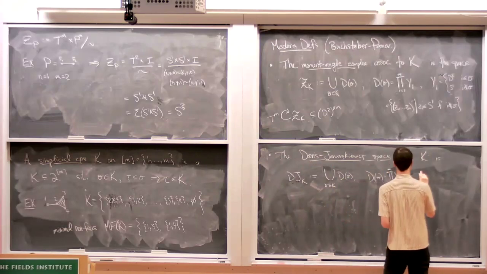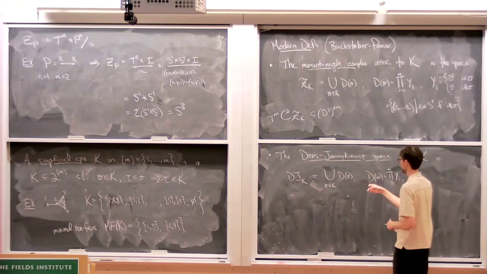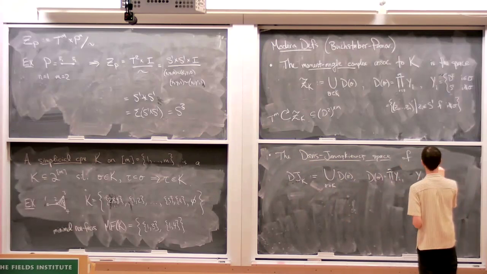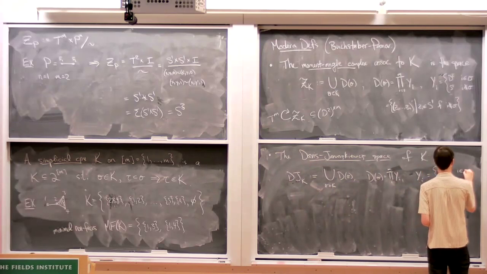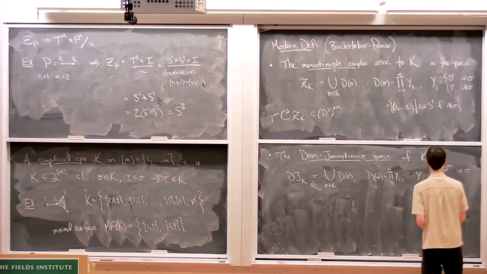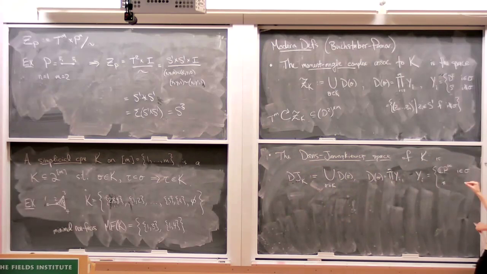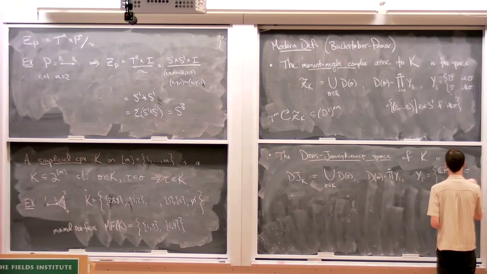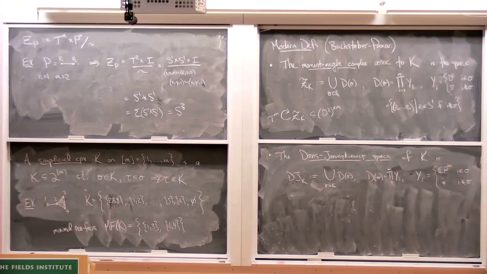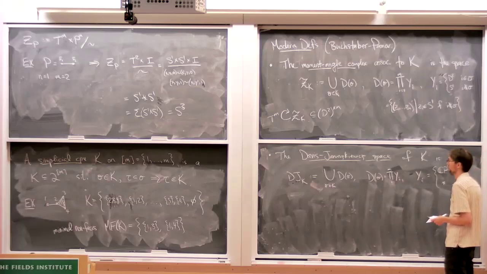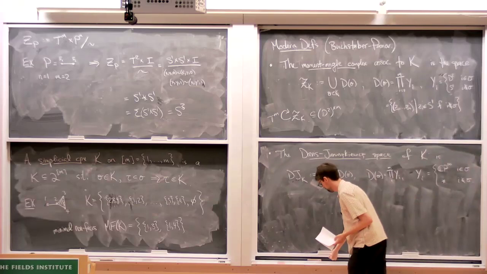But now each Yi, each factor of these M-fold products, is going to be a copy of CP infinity when i is in sigma, or just a point, the base point of CP infinity, when i is not in sigma. These are examples of polyhedral products.